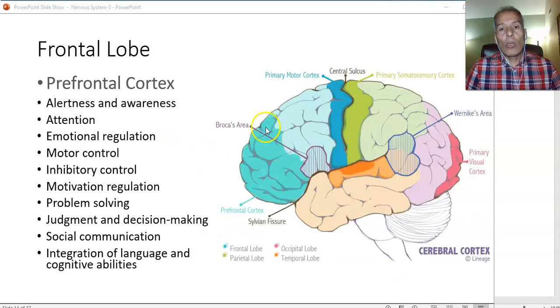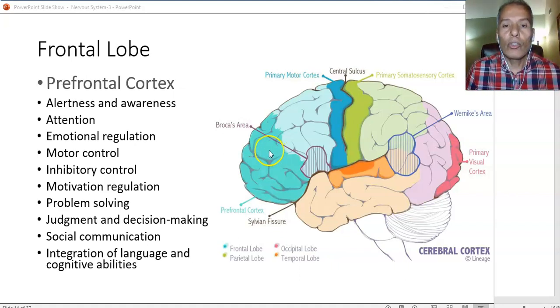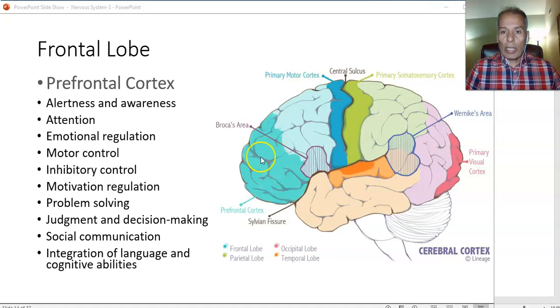So now we look at the prefrontal cortex, and this is the blue area here, the central commander of your body and your brain. This is the area that determines what you remember, what you forget. It controls your emotional processing system, and controls the hippocampus.